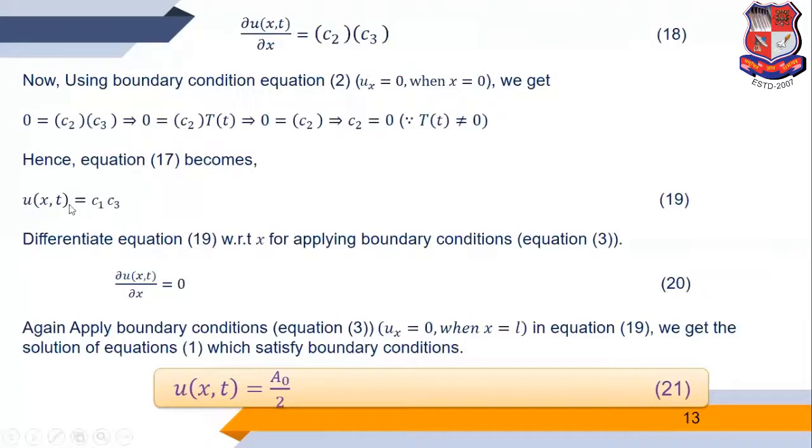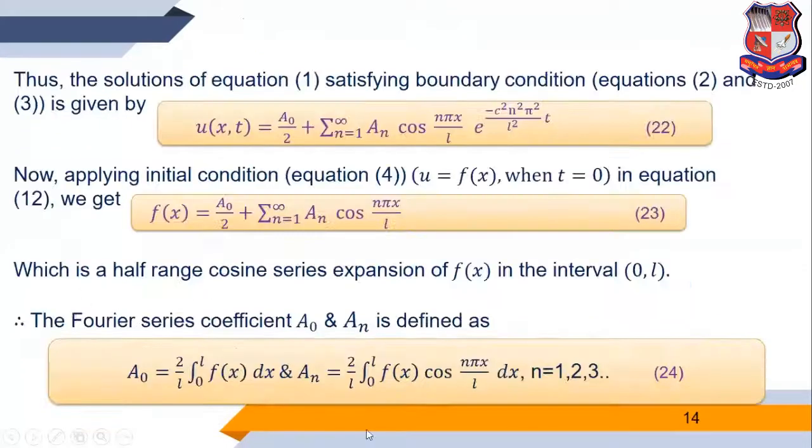And we consider c1 into c3 is equal to a0 by 2 constant. Because this is the constant form, and constant form whose derivative is 0. So this satisfies the boundary condition. So thus, the solution of equation 1 satisfying the boundary condition equation 2 and equation 3 is given as u(x,t) is equal to a0 by 2 plus summation n is 1 to infinity an cos n pi x by L e raised to minus c square n square pi square by L square into t.